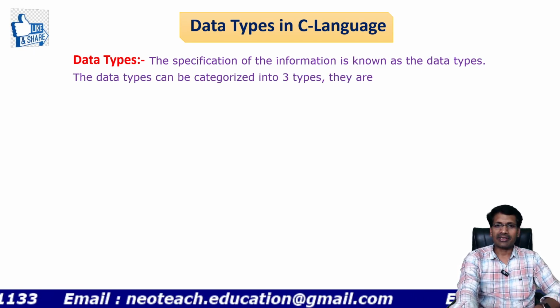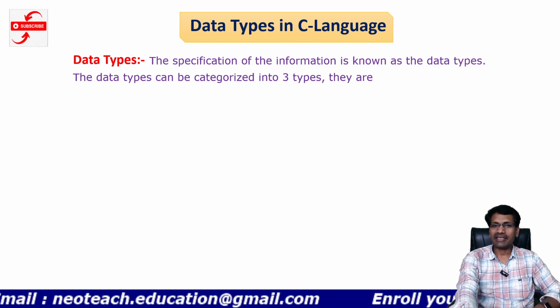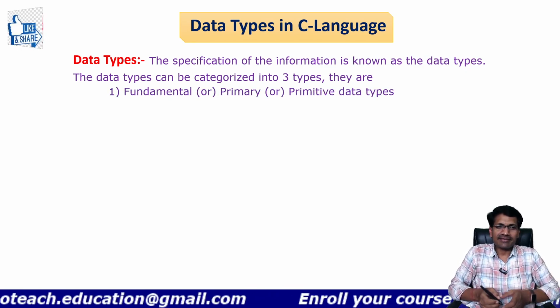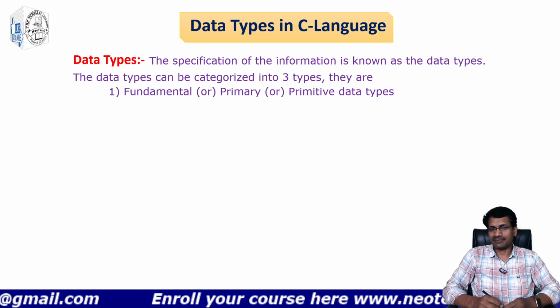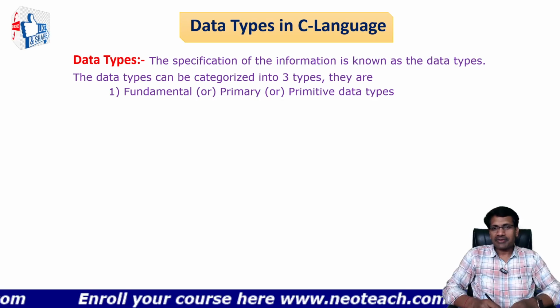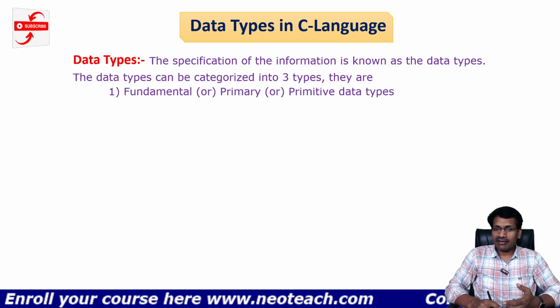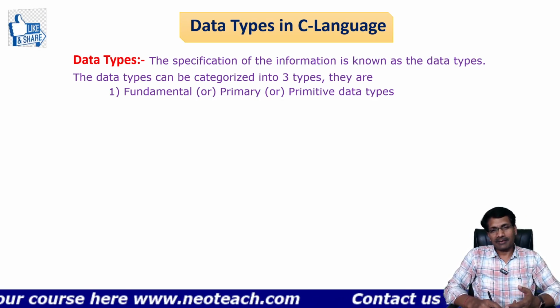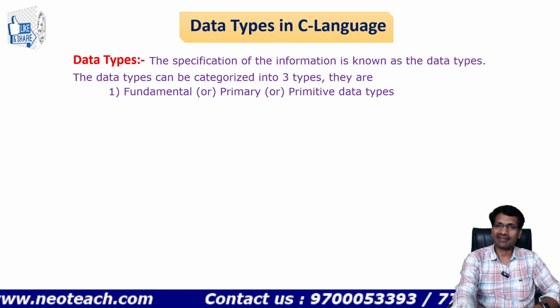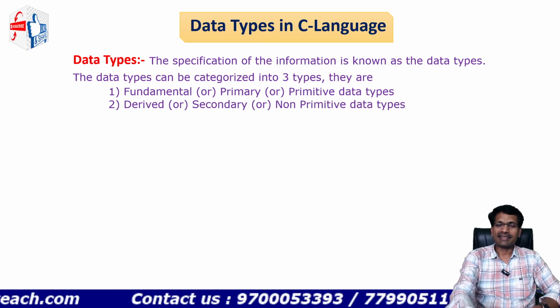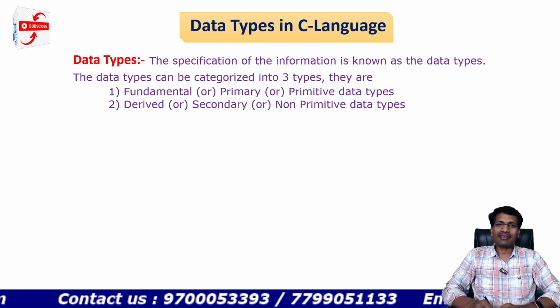The data types are classified into three types. Basically the first one is called the fundamental data type or primary data type, also called the primitive data type. So fundamental or primitive or primary, anything is okay. Three alternative names are there. This is the first category. The second one is called derived data types.